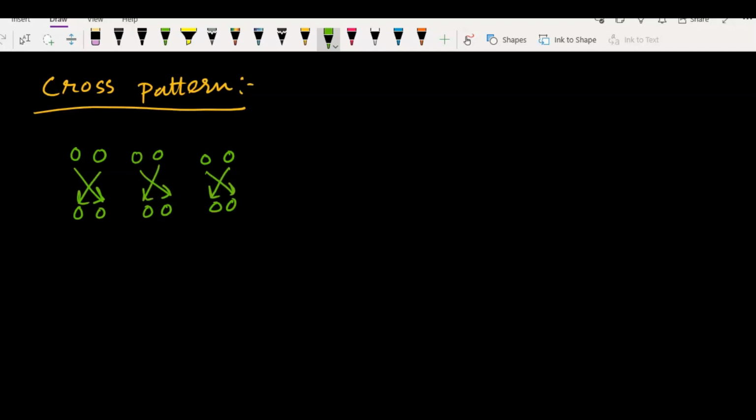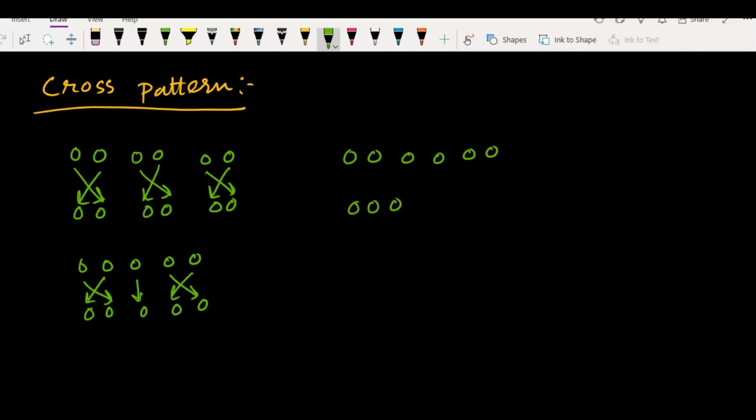Or suppose there is a word of 5 letters, and it will go in this way. The third will go to third, then second last will go to the last, and last will go to the second last. Or suppose there is another word of 6 letters, and coding may be like this.